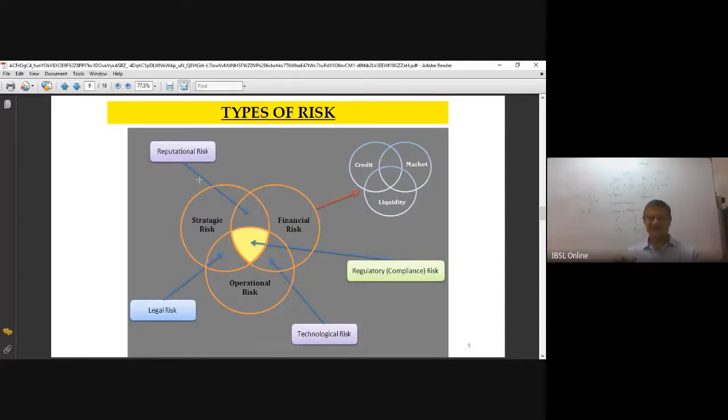You have various types of delivery channels: ATMs, phone banking, internet banking. You can do transactions in various ways, sometimes 24/7. As a result, you have various systems supporting this longer period of transaction time. If something goes wrong in these systems and you suffer a loss, we call it operational risk.